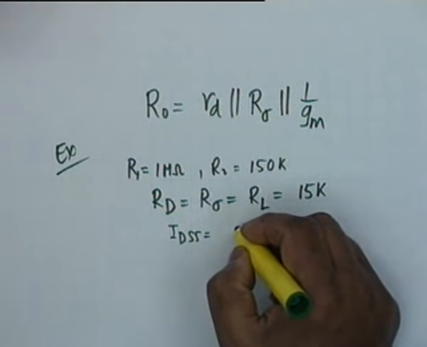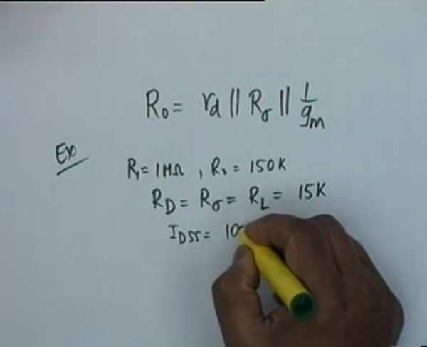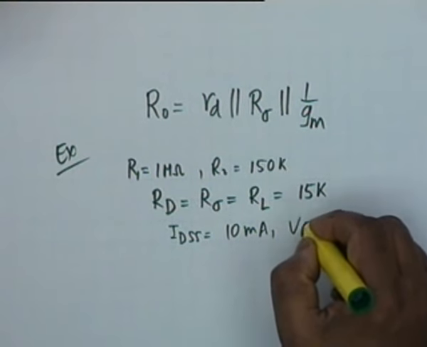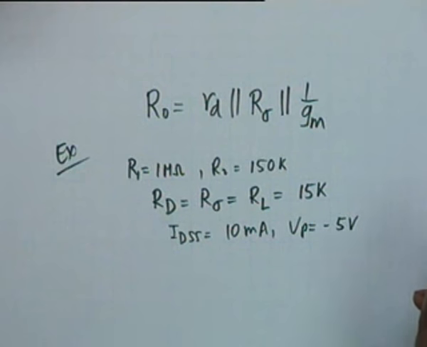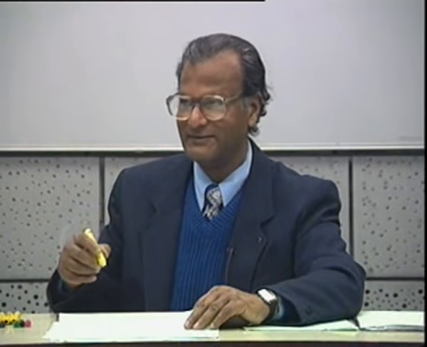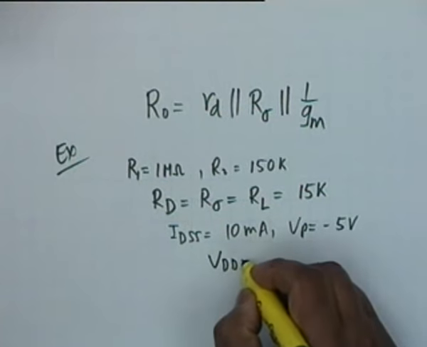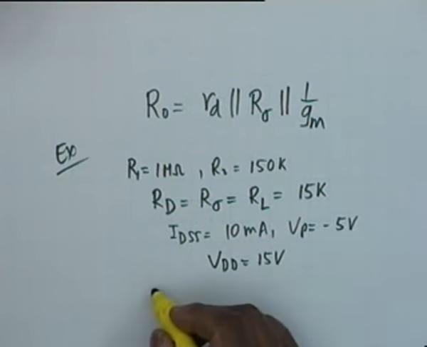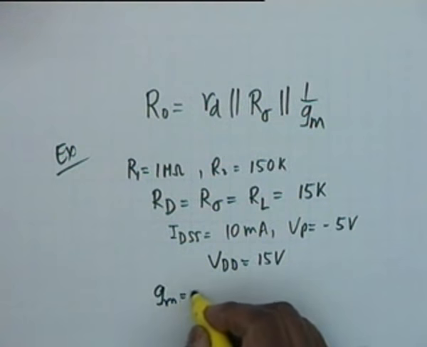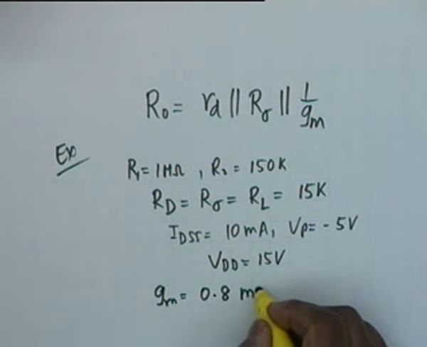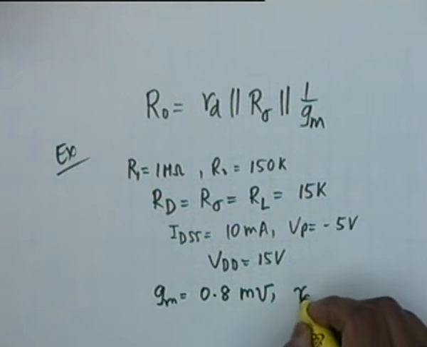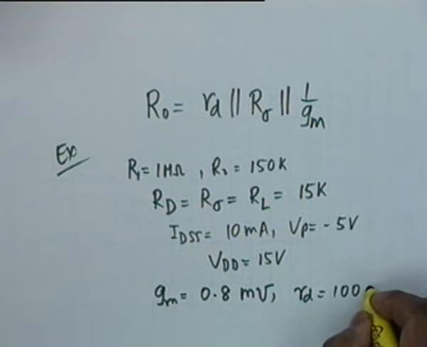IDSS was taken as 10 milliamps, VP was taken as minus 5 volt, and VDD was 15 volt, and under these conditions we found GM as 0.8 millimho and RD was given as 100K.